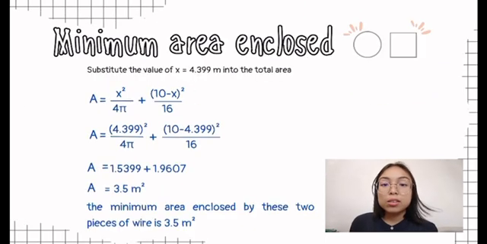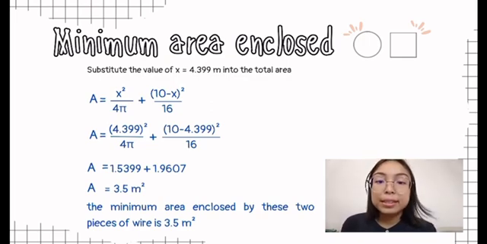Lastly, to find the minimum area enclosed by these two pieces of wire, substitute x equals 4.399 into the total area. Simplify it and the answer will be 3.5 meters squared. So, the minimum area enclosed by these two pieces of wire is 3.5 meters squared.